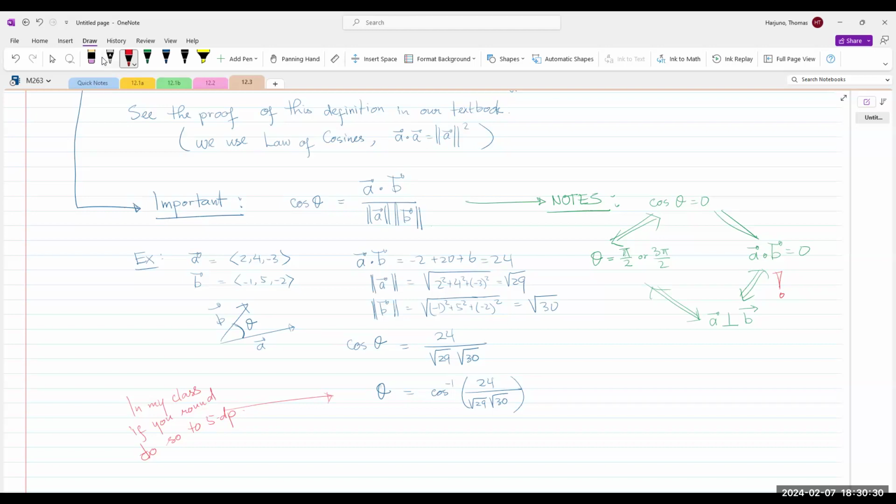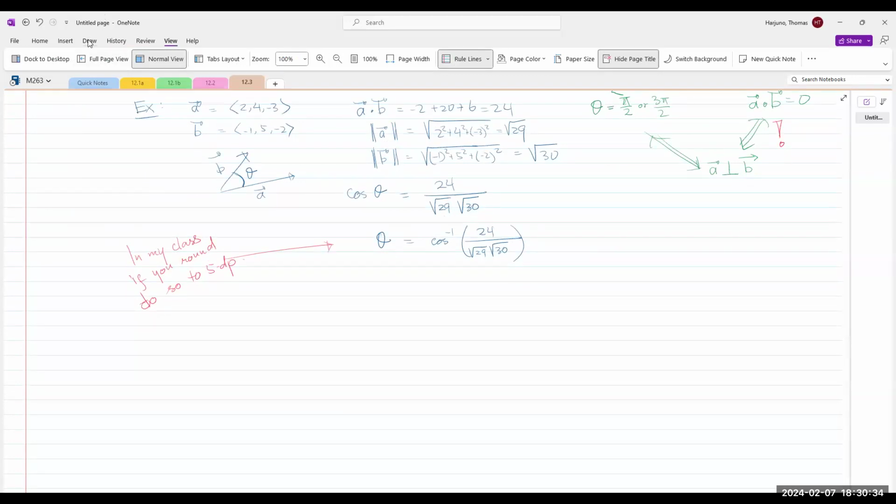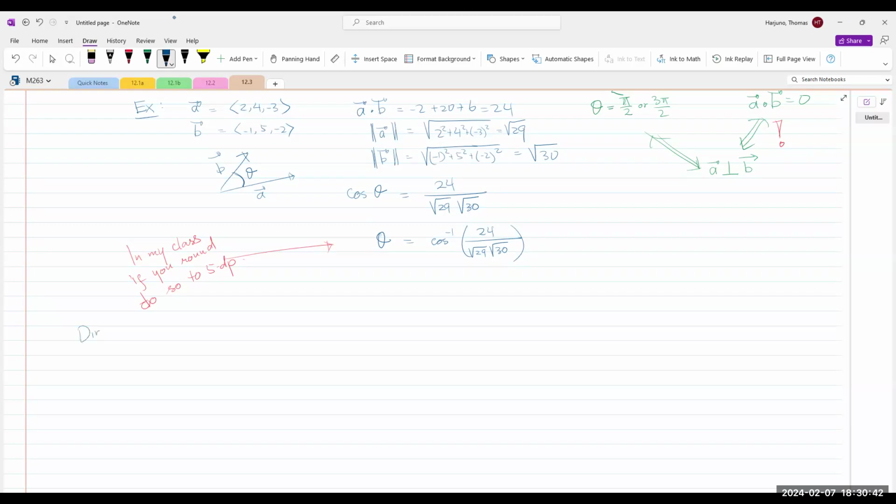Okay, next, another topic in how we use this formula. Another one is in case of direction angles. Now the phrase direction angles refers to alpha, beta, gamma as follows.